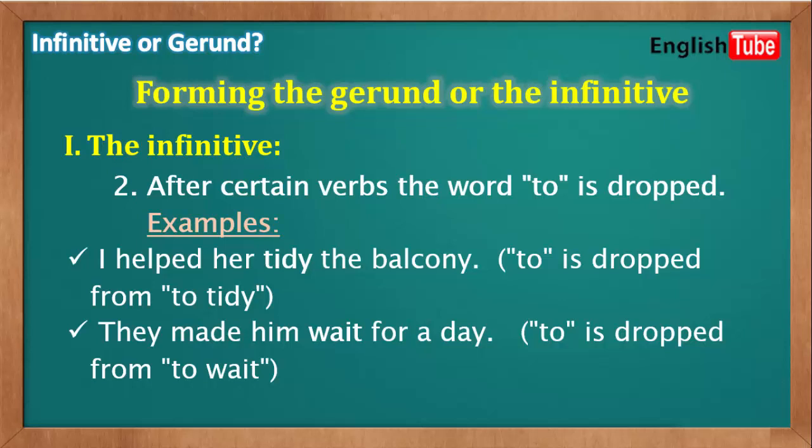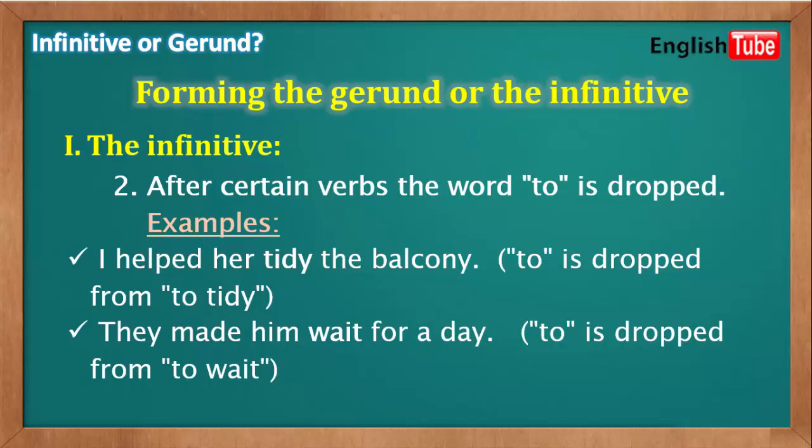So example: I helped her tidy the balcony. So to here is dropped, as you can see. Tidy. We didn't say here I helped her to tidy. If you say to tidy, it's okay, it's no problem, right? But it's better, of course, to do without it, in order not to make your sentence so wordy and redundant. Number two, they made him wait for a day.